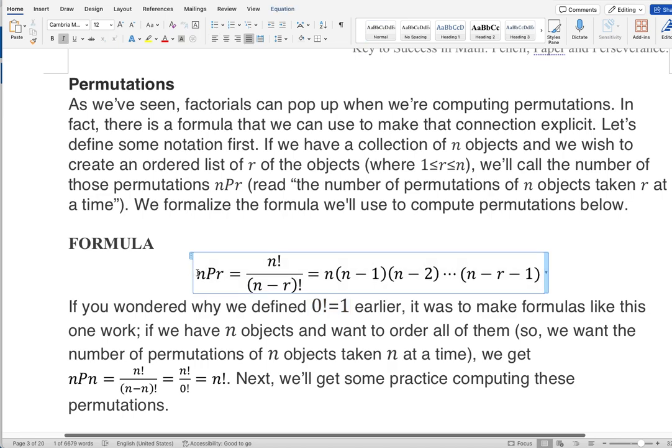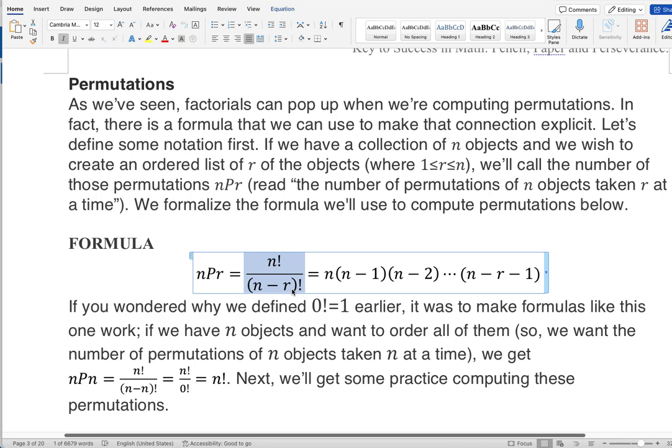So this is the permutation formula. I think you really need to remember it in both ways. It is a product, and this product can be shortened in the fashion of a quotient, with two factorials involved: n factorial, the bigger factorial, on the top, and the denominator is n minus r factorial.